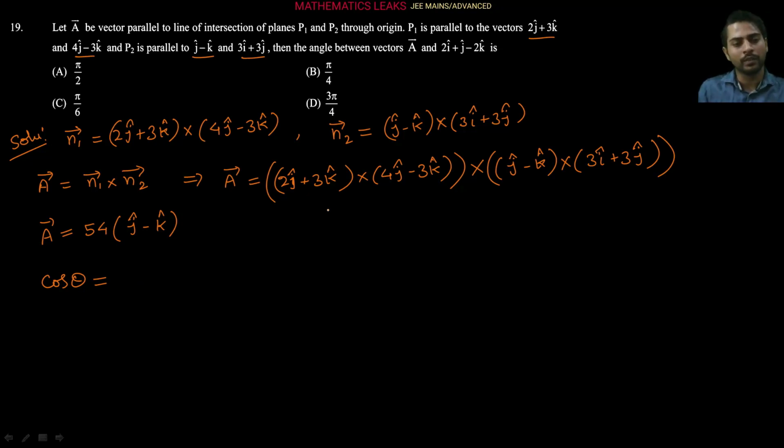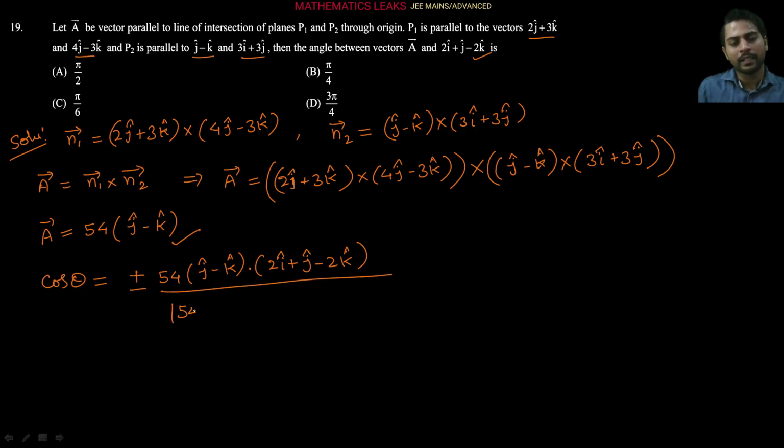So here we do the dot product of this vector and this vector. So we are getting plus minus of 54 j cap minus k cap with 2i cap plus j cap minus 2k cap, upon their individual magnitudes. So 54 j minus k cap and this one's magnitude 2i cap plus j cap minus 2k cap, right?